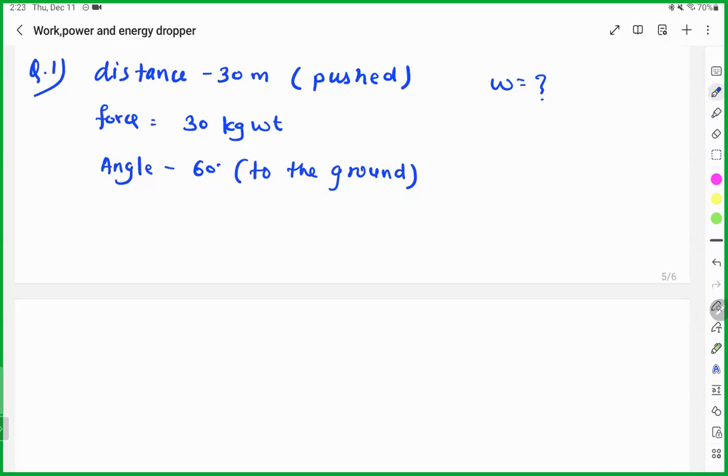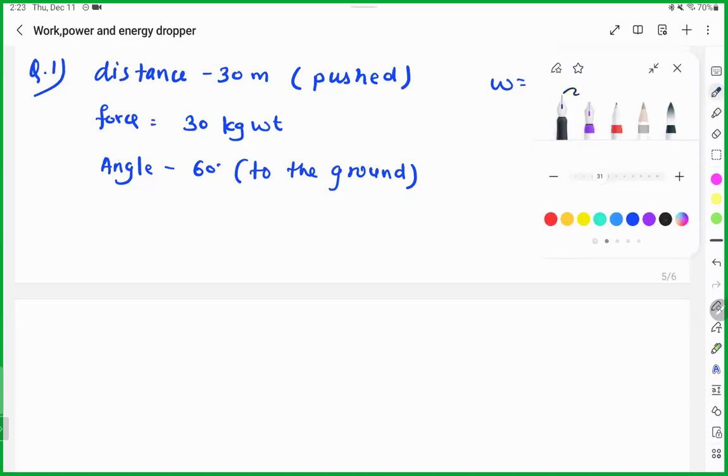What is your answer? 4.4 into 10 to the power of 3 joules. I think approximately it is correct.